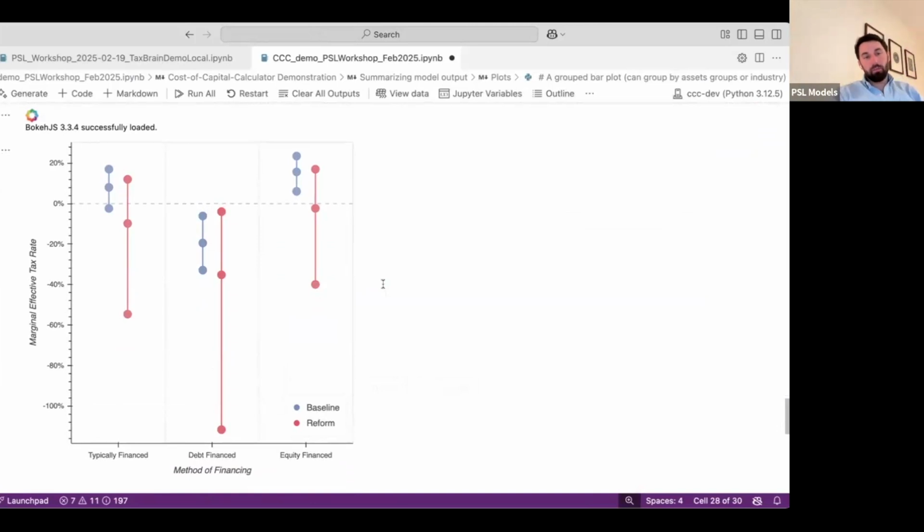And then we've got the mean marginal effective tax rate, that dot in the middle of those ranges. So we can see how the spread of the incentive to invest varies across asset types. And then we've got 3 columns separately for typical finance, or the historical mix of debt and equity, 100% debt finance and 100% equity finance.